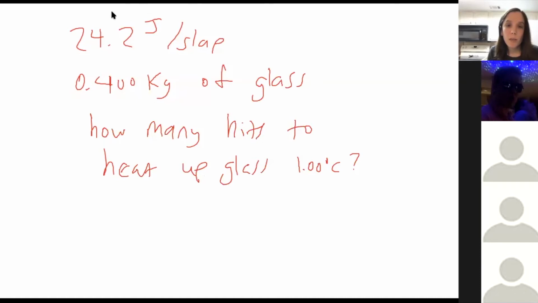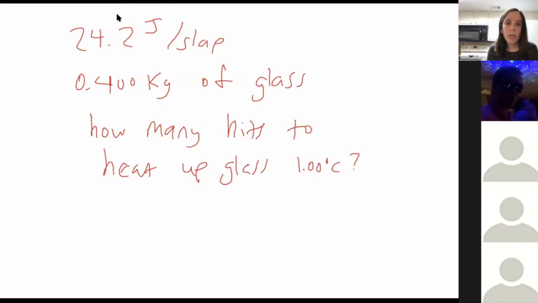And we're assuming that it's not going to have any heat transfer to your hands, because your hands definitely do have heat. Your body is warmer than the glass. And so you would transfer heat based on your body warmth, but we're ignoring that for this situation. And we're assuming your hands don't impart any heat to the glass. It's just the work you're doing on the glass that heats it up.